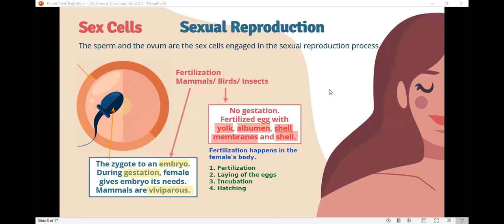We're talking about the shell now, Karim. Yolk for the food supply, albumin, water and protein. The shell lets the oxygen pass through.